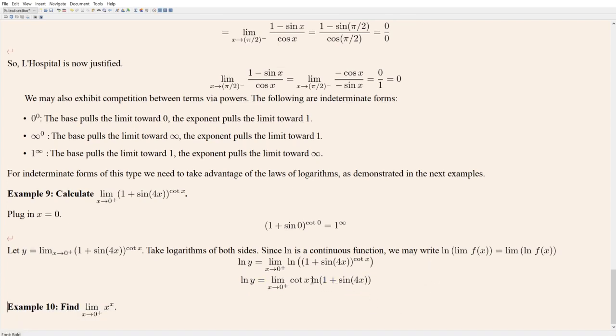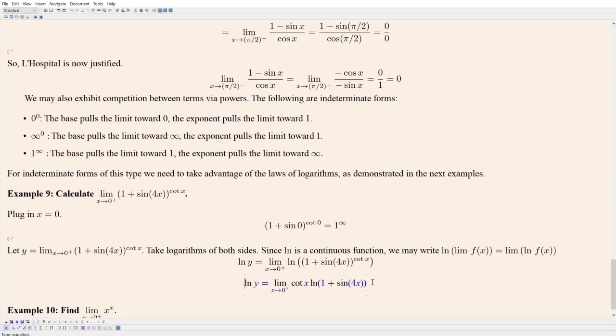Okay, so now that we have a product, what happens when we plug in 0? Well, cotangent of 0, as we have already determined, is infinity. And if we plug in 0 here, we have log of 1 plus 0, so that's log of 1, which is 0.